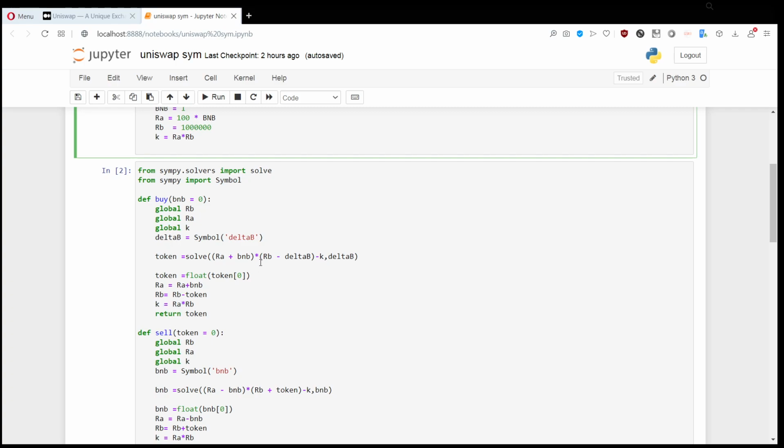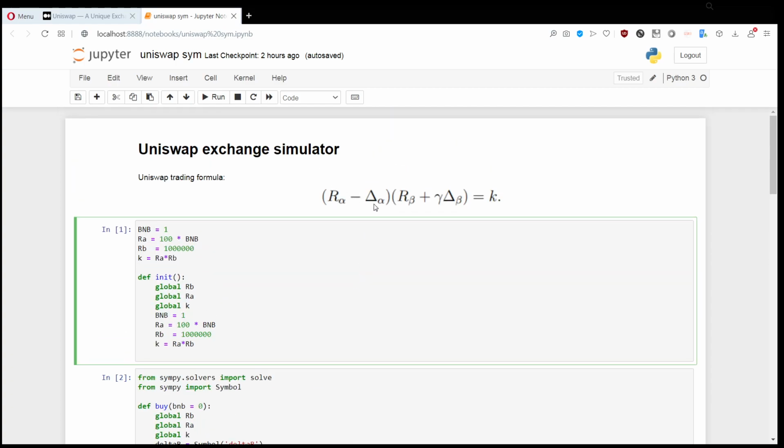A real exchange is much harder than this. This is calculating with the token values. As you can see, this is the trading formula. RA is one asset, RB is the other asset, and delta A and delta B are your trade, how much is being traded. Gamma is the fee on PancakeSwap, Uniswap and other swaps, usually 0.3%.